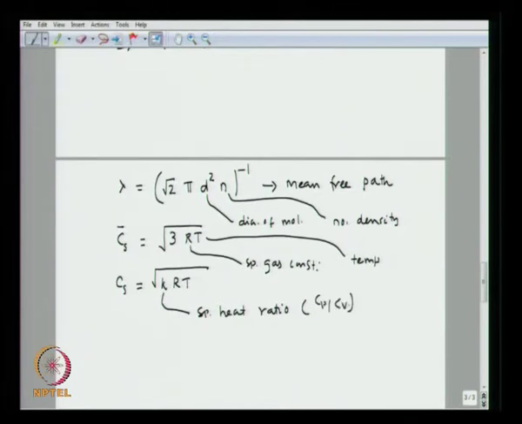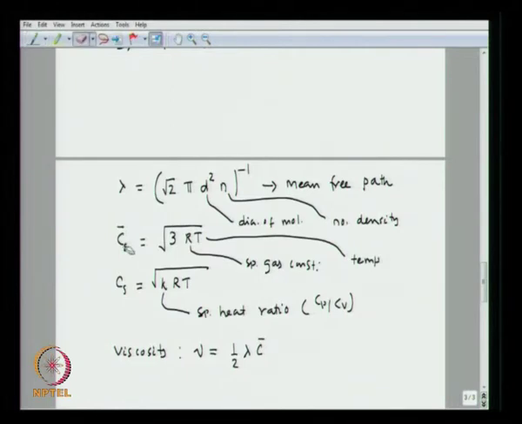And viscosity can be written as, so mu will be half into lambda into C bar, which is the mean molecular speed.